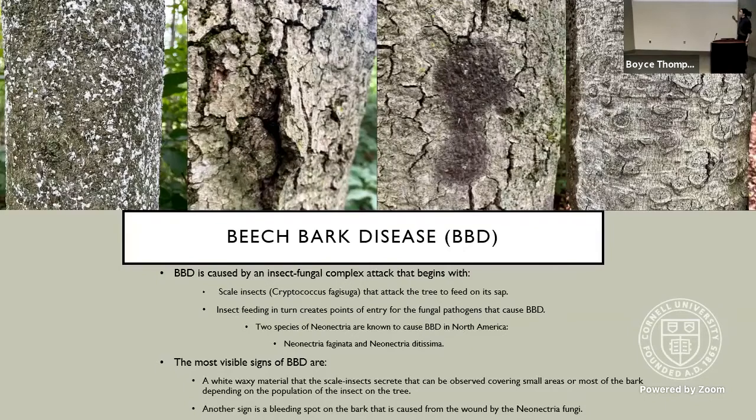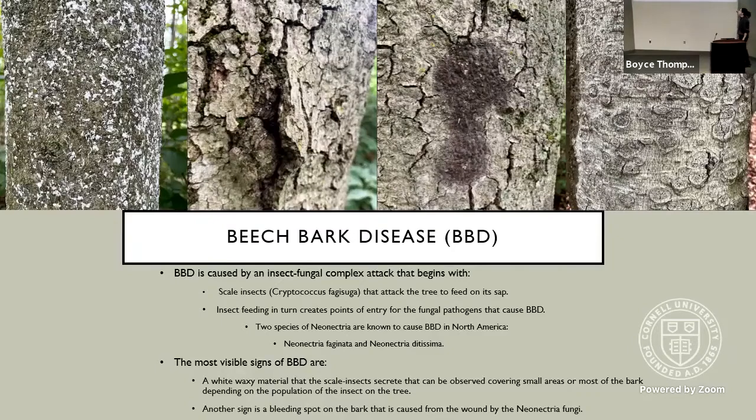The most visible sign of beech bark disease, as you can see in the first 2 pictures, is the white waxy secretion that scale insects secrete. It could be all over the tree depending on the population of the scale insect, or it could be just a couple of dots depending on the tree's tolerance and the scale insect population.